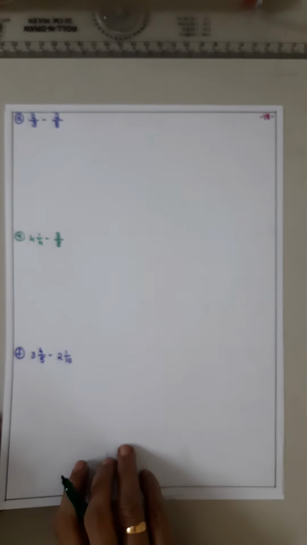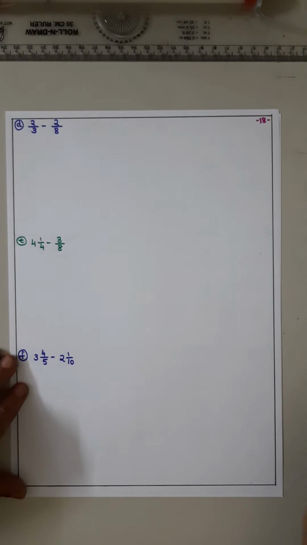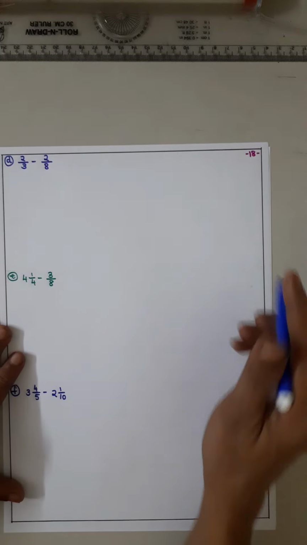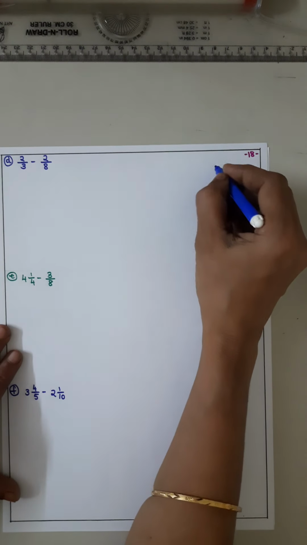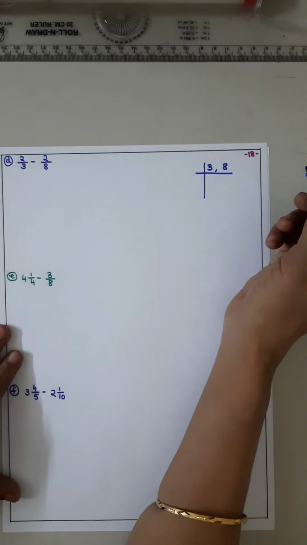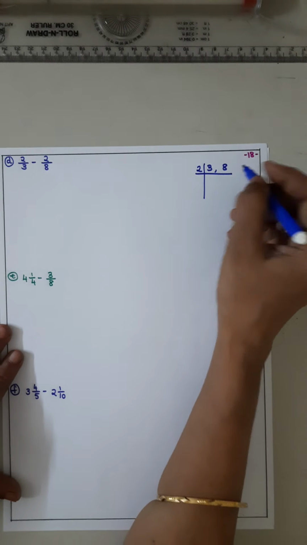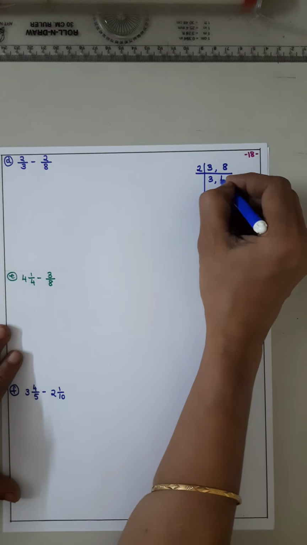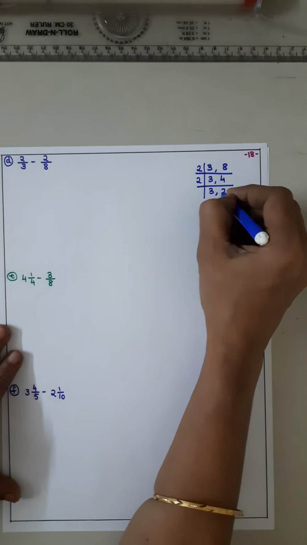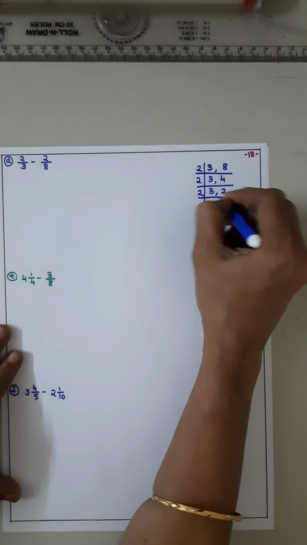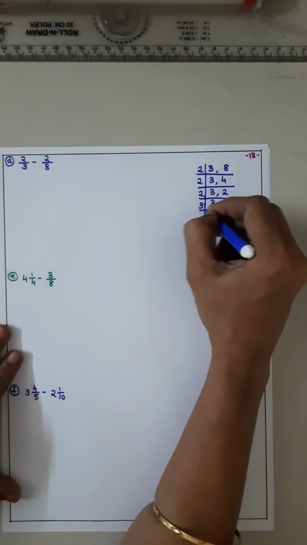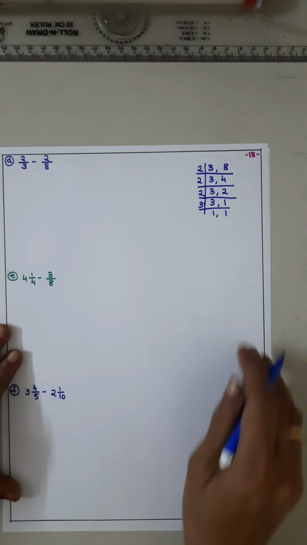Now coming to question number D. What is the denominator? 3 and 8. 8 is an even number, so start with 2. 3 as it is. 2 fours are 8, 2 ones are 2. 3 as it is. 2 ones are, now 3 ones are 1.